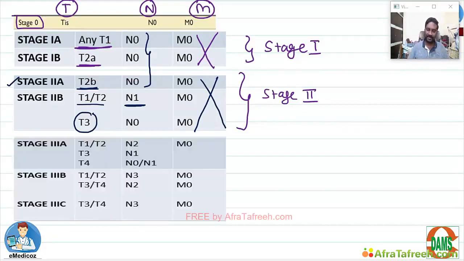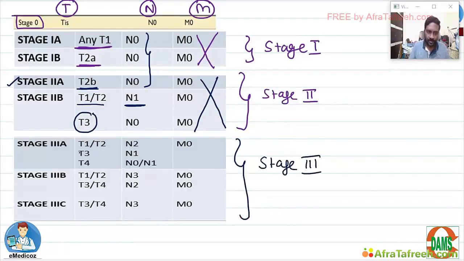Then coming to stage 3. Stage 3 is very, very tricky. Now, the tumor is small, T1, T2. But it has extensive lymph node involvement up to N2. So not only the lymph nodes in the substance of the lung have been involved, even the mediastinal lymph nodes, such as the paratracheal, pretracheal, they have been involved.